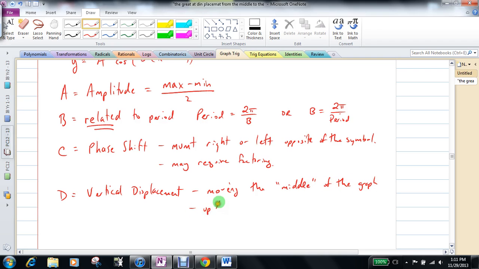That is moved up or down, same as the symbol. And we're used to that from all of our function and translations. A useful formula for this also is included. We discussed last week that the vertical displacement is equal to the minimum plus the amplitude.